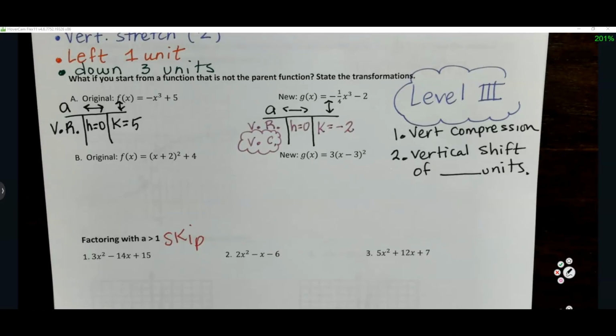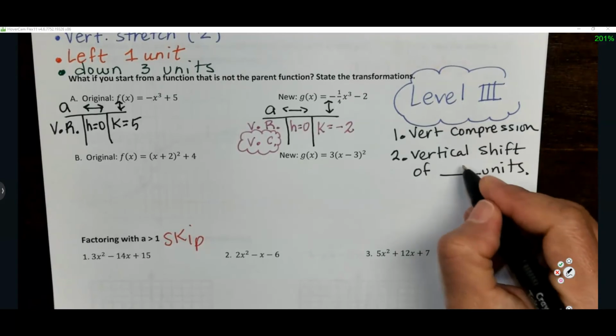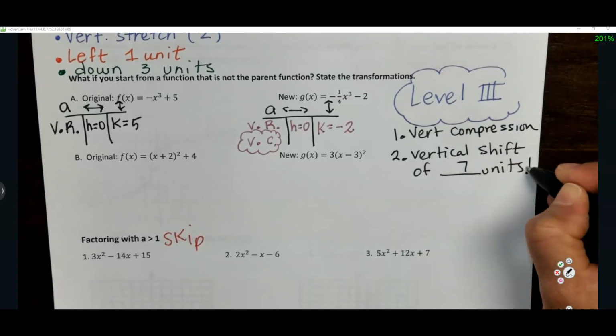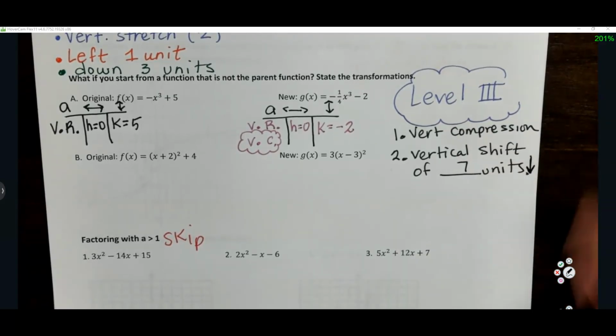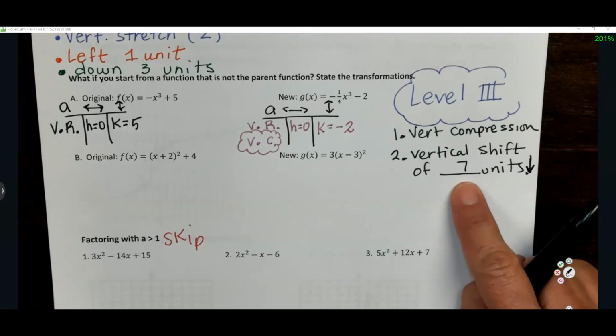So for this vertical shift, remember guys, this graph was 5 places above the origin because it's plus 5. And then it dropped 2 places below the origin. Y'all, what's that total move from a positive 5 to a negative 2? 7. Yeah, that's what you mean, right? This had a vertical shift of 7 units down. I kind of ran out of room, so I'm going to write that arrow. You have to let me know it goes down. You have to let me know by how many.